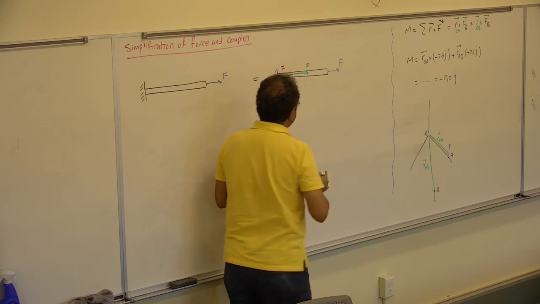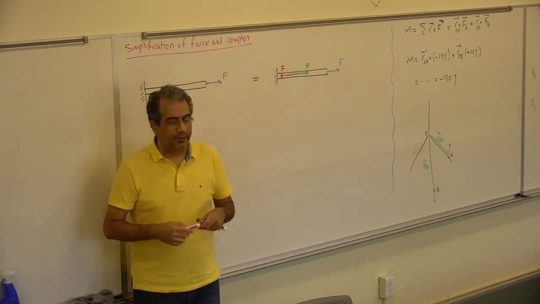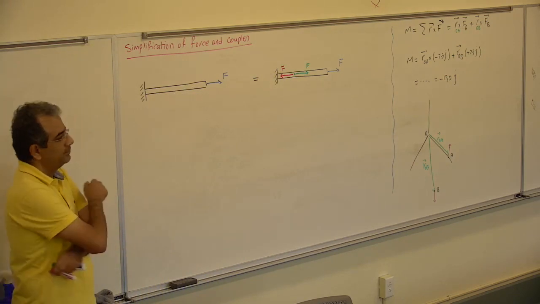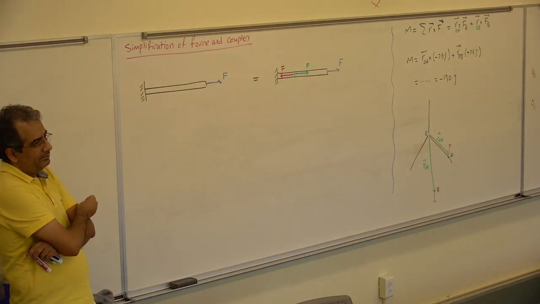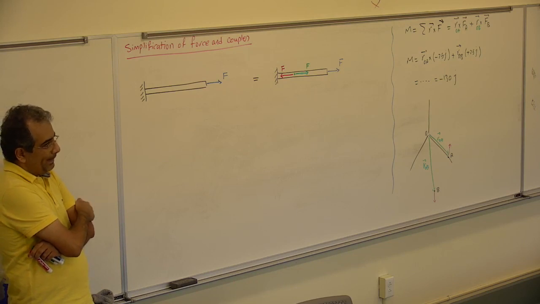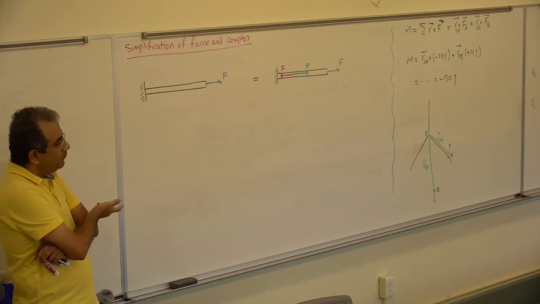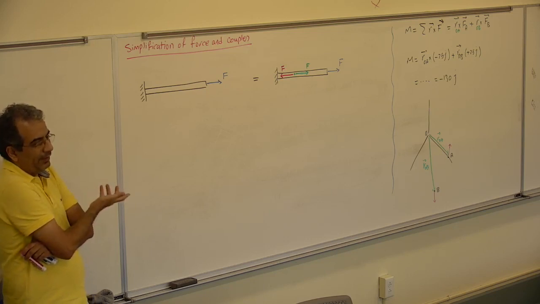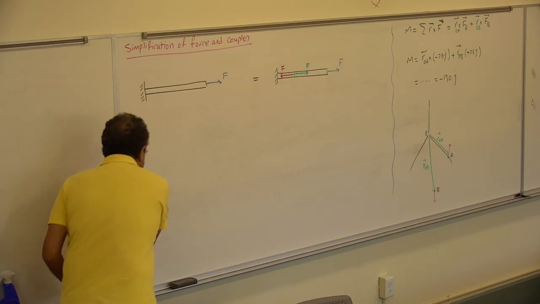What now? Are they equal? See, the green one would cancel the red one. Although I have them there, it will cancel the red one.